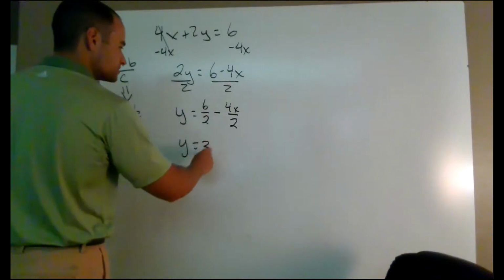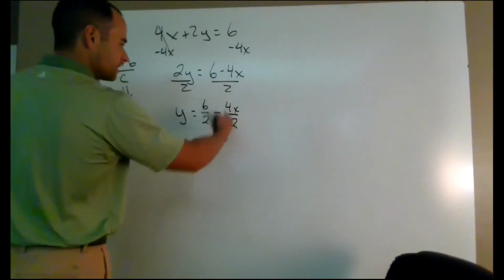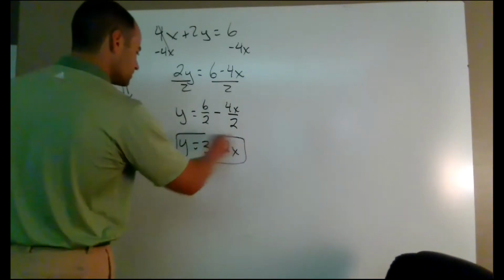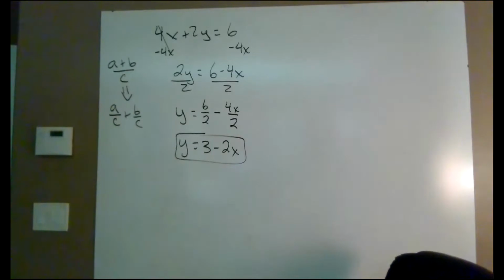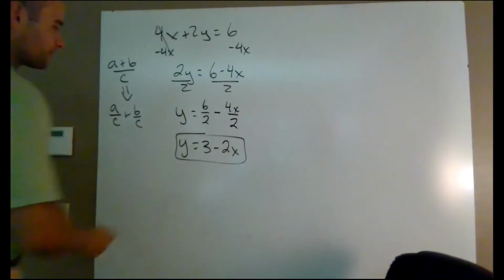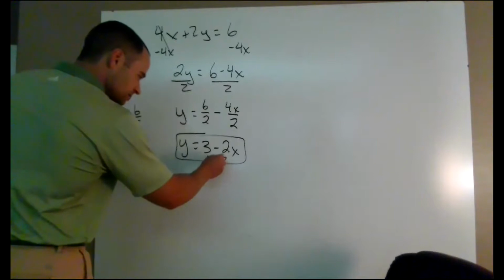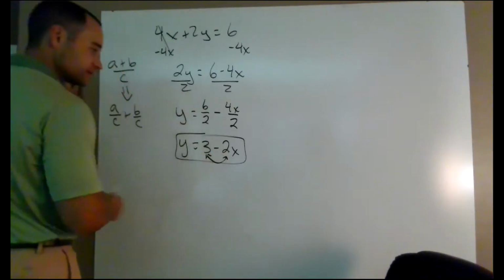6 divided by 2 is 3. 4x divided by 2. 4 divided by 2 is 2. So I get y is equal to 3 minus 2x. Now this isn't exactly in slope-intercept form. So what I can do is just switch the positions of these two things.